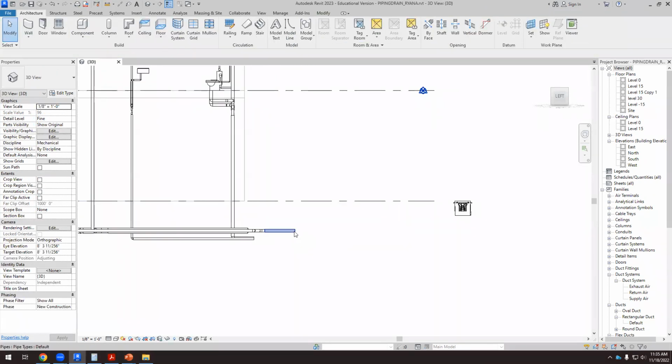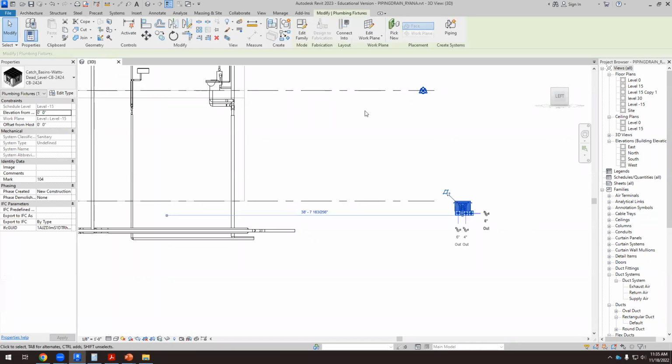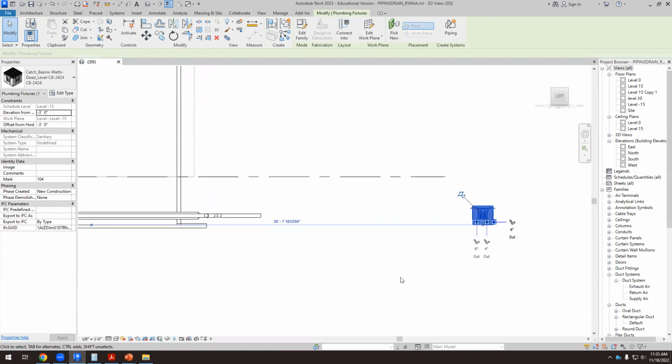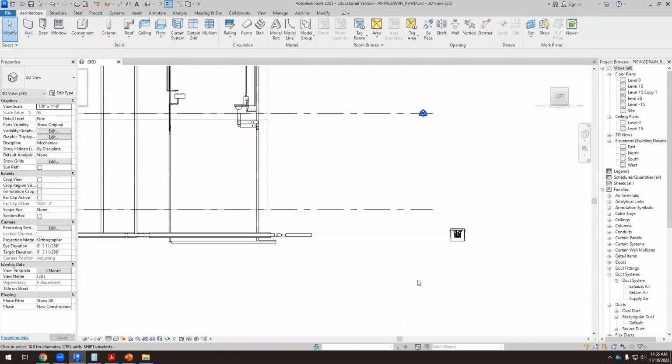But it has to be even below that, so I'm going to the elevation, and I'm going to go -3. Is it enough? I think so.